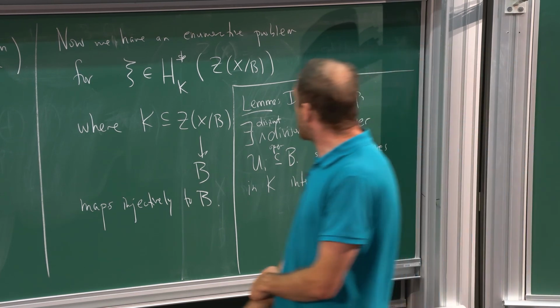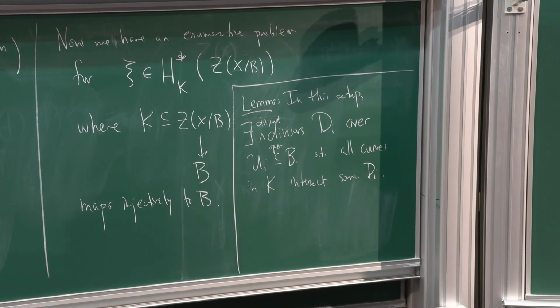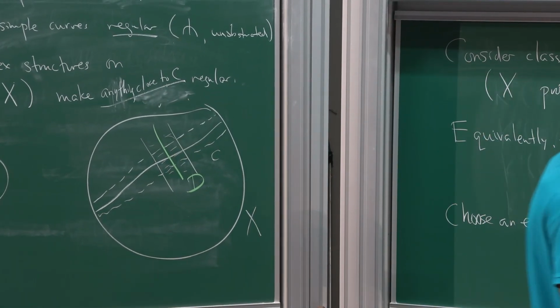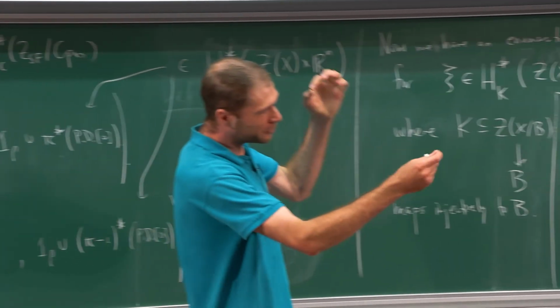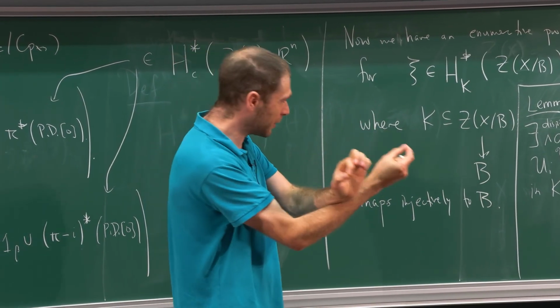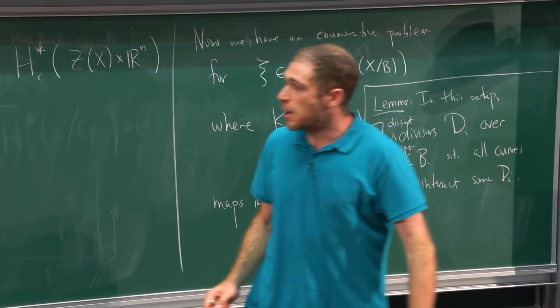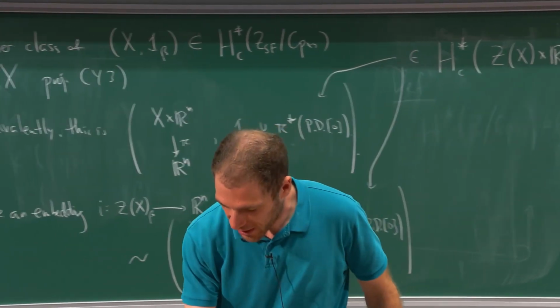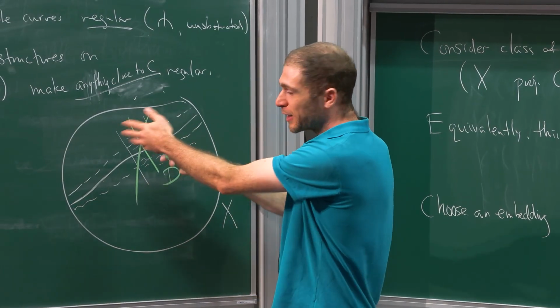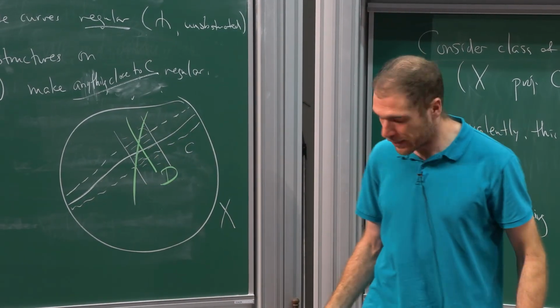So you can forget about the divisor and just choose points on C. That's maybe a better way of thinking about it. Choose a bunch of generic points on C in the family; in codimension 2, they will intersect with each other. And that's bad, because if you have two divisors which go through each other, I don't know how to make this regluing on both at the same time.